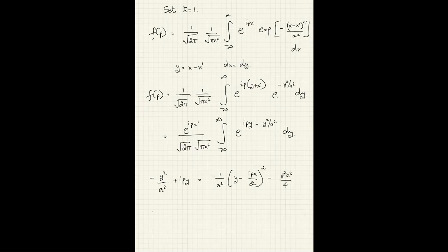So then my integral becomes f of p equals e to the ipx prime over square root of 2 pi, square root of pi a square, integral from minus infinity to infinity dy e to the minus y minus ipa over 2 quantity square over a square, times e to the minus p square a square over 4.